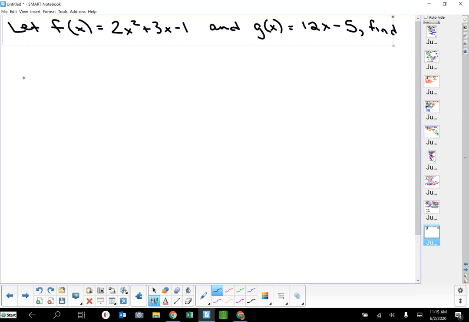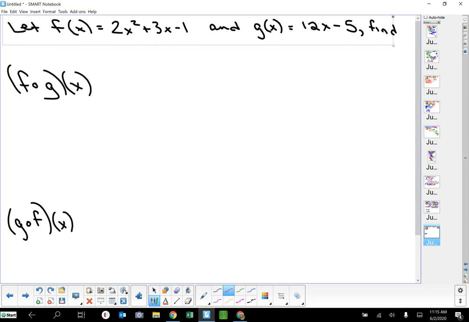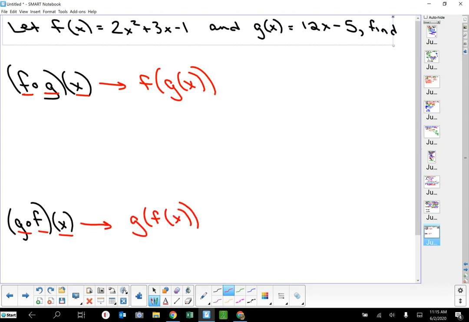Find f of g of x and g of f of x. So first, let's rewrite. This guy is going to be f, then g, then x: f parenthesis g parenthesis x. Down here, g parenthesis f parenthesis x.